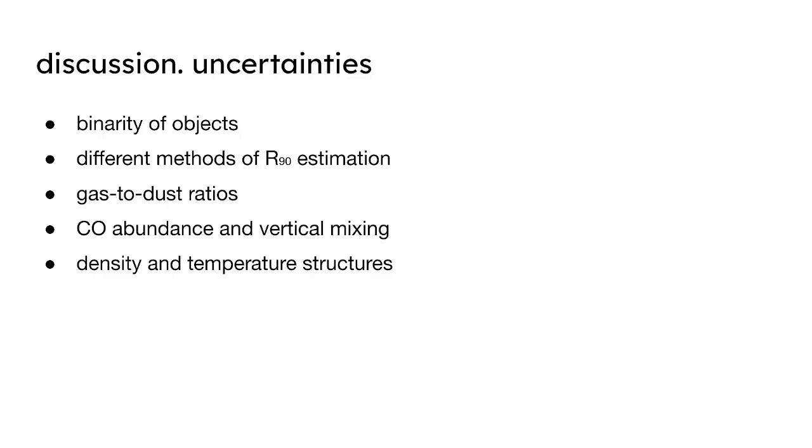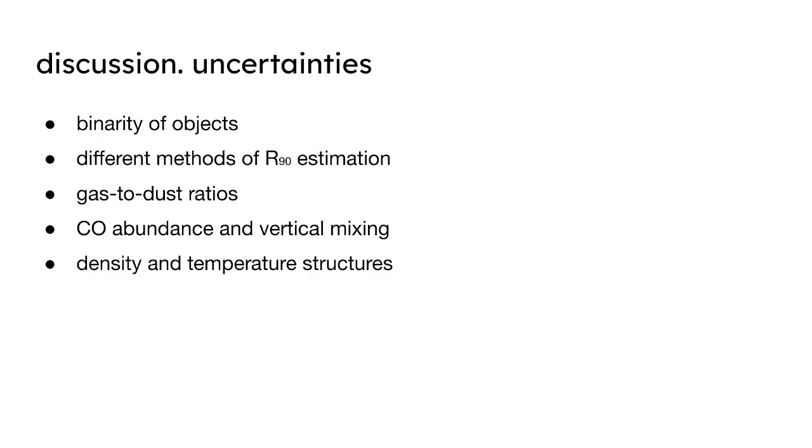This may not be entirely true for the entirety of the disk. This is a value that could vary, especially if you consider dust settling and other dynamical effects, which are not considered here. As far as I understand, it's kind of a static model.